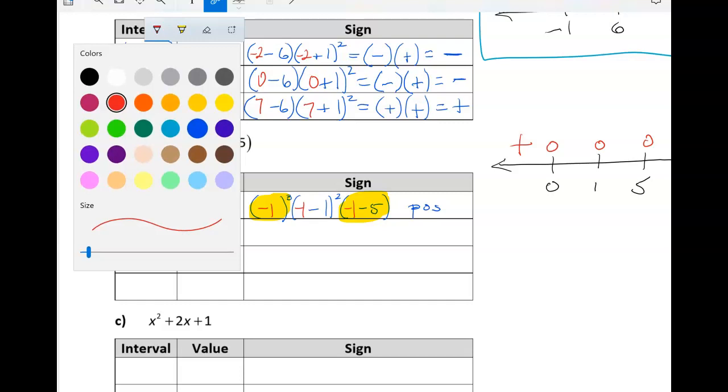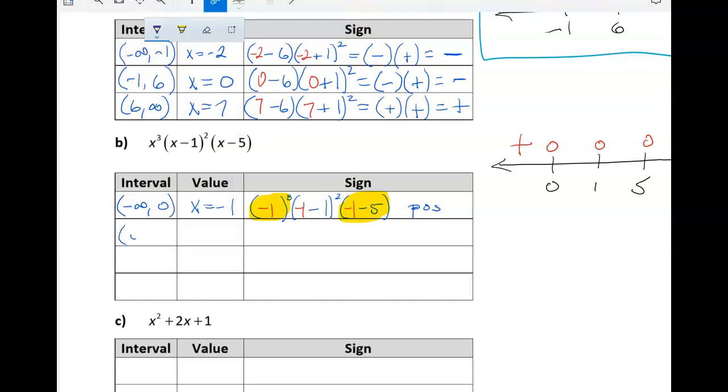Now the next interval is between 0 and 1. So let's pick a half. Now don't worry, if you have a fractional value, it's not really going to matter that you actually find the values. It's just qualitatively looking at whether the polynomial is negative or positive. So we have a half cubed times a half minus 1 squared times 1 minus 5.